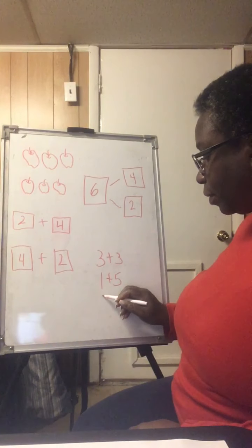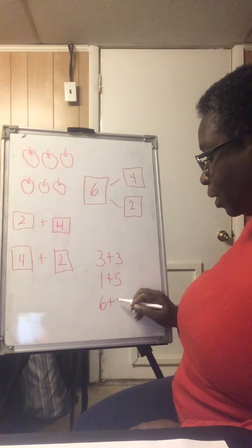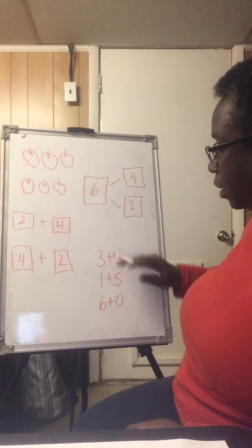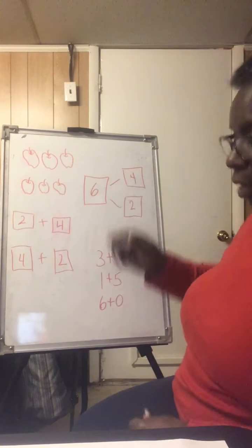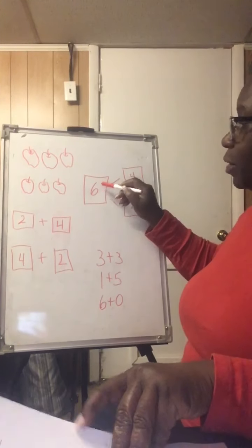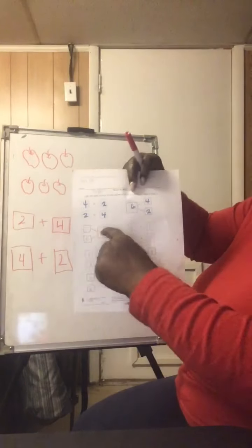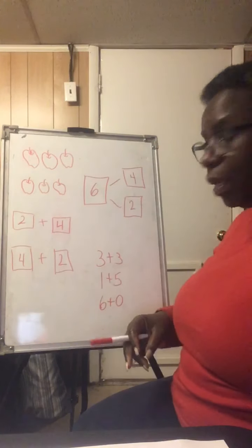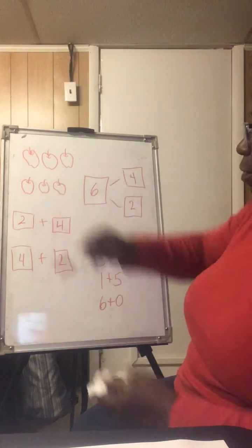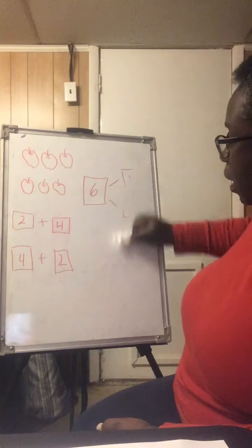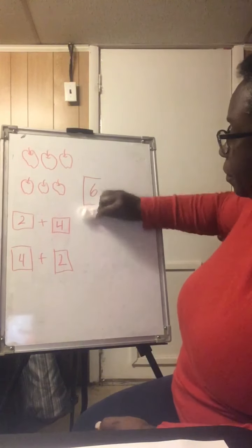How about 6 plus 0? Okay, so all of these are number sentences that you can use in here and in our number bond boxes. But your main number 6 is going to be your big number in all of your boxes, and you're going to answer those, okay? And you're going to take each one of these and fill them in with your number bond. So that is how you do the first page on your math sheet.